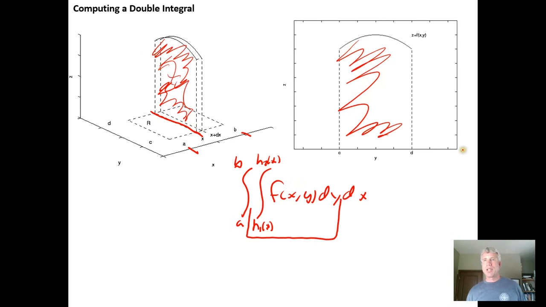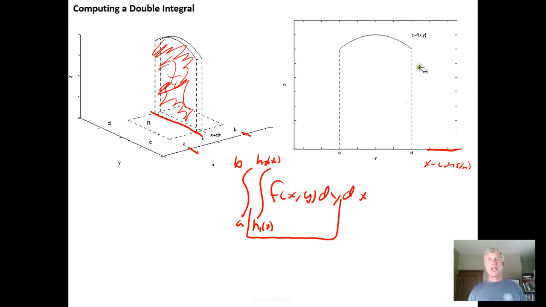You hold x constant and integrate, which means you're finding the cross-sectional area. And then once you find that cross-sectional area, you multiply it by dx, which is just the width right here. So it's cross-sectional area times width, which still gives you a volume, and this is a double summation.